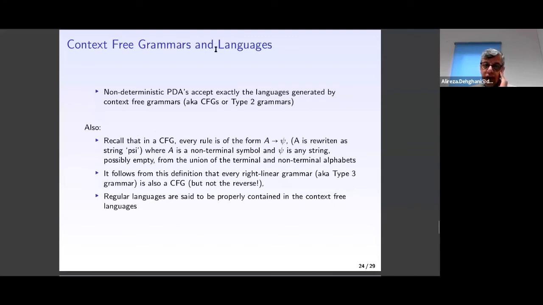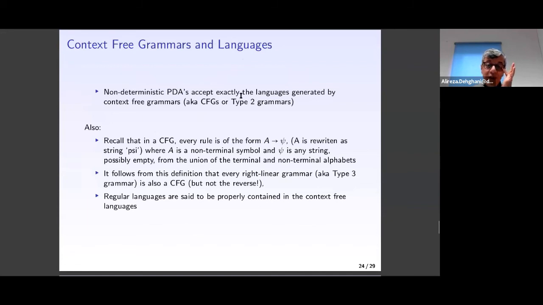And context-free grammars and languages. So far, we have talked about the push-down automata. But you remember in the beginning of this lecture, I said for any automata or machine, we have a corresponding grammar and languages. The grammar and languages we use alongside the push-down automata is context-free grammar and languages.